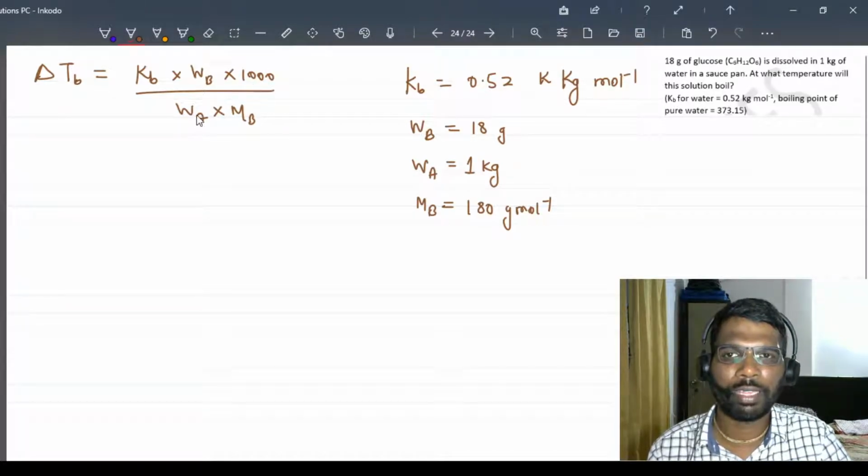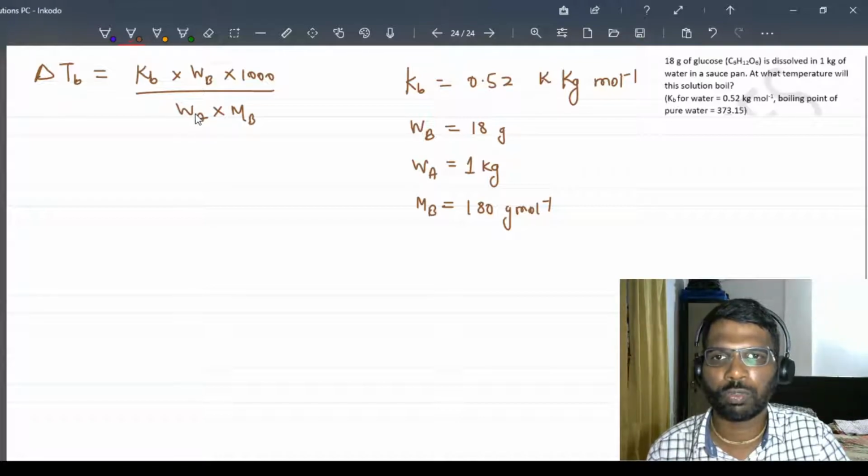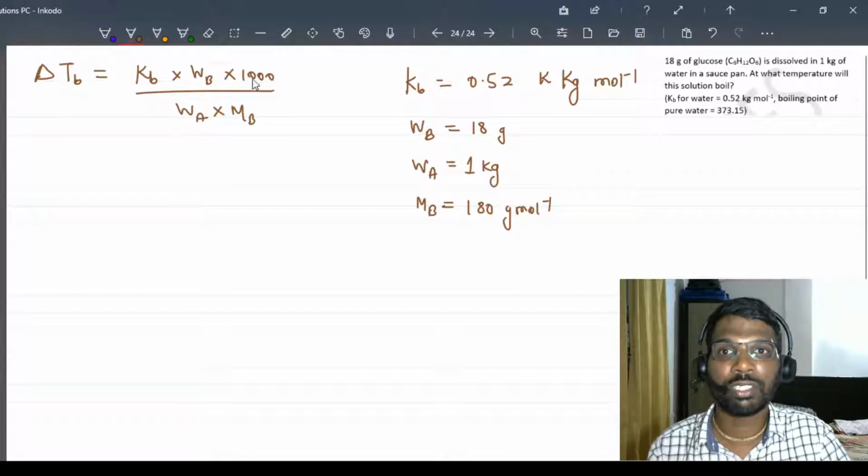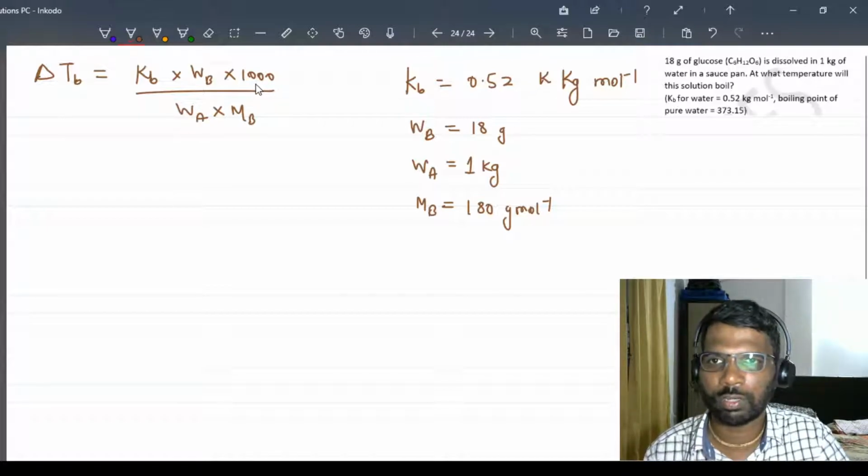Molality is the number of moles of solute upon mass of solvent in kg. So when you are writing this in grams, that time this 1000 is important, which together makes it in kg. If you are writing this directly in kg, there is no need to multiply by 1000. It is so simple.